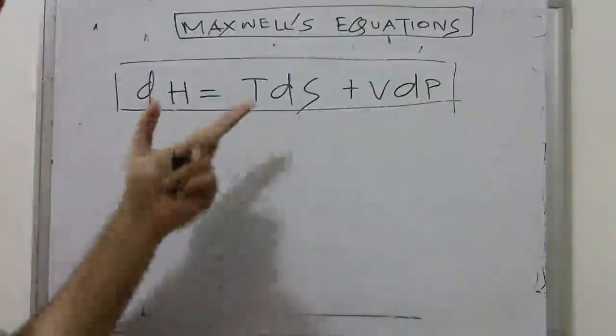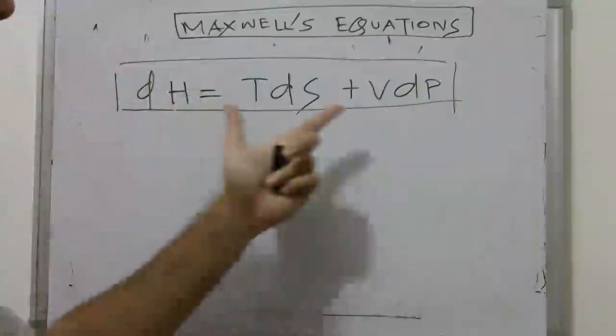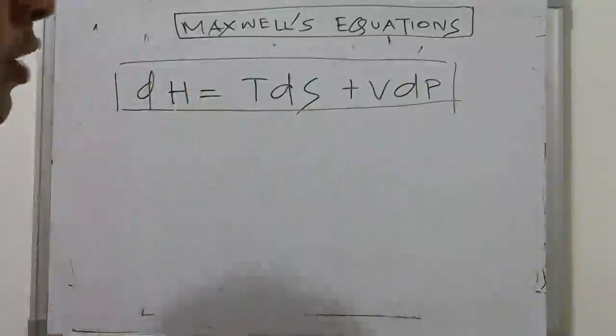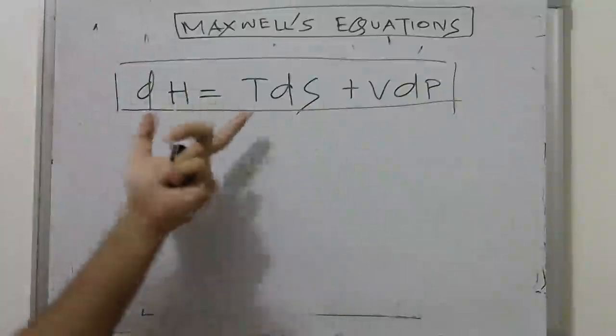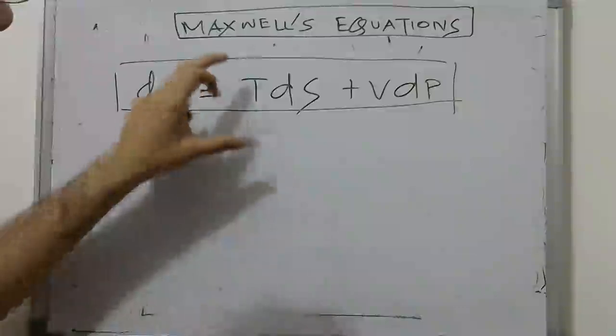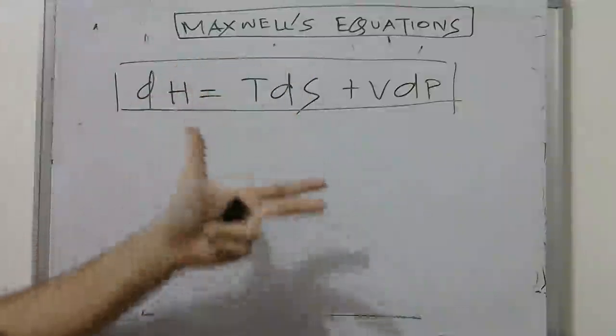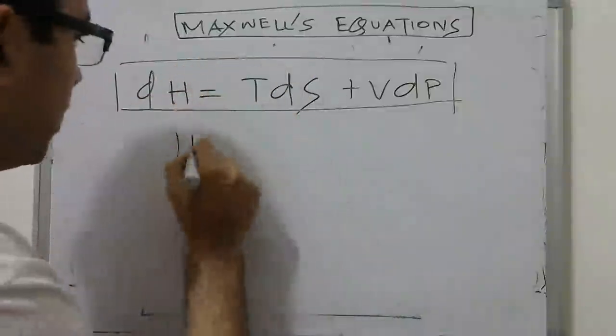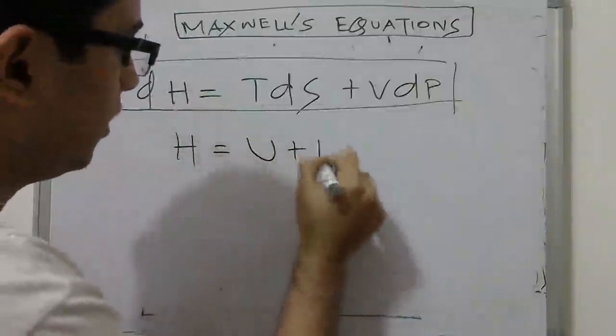I hope you remember how this equation has been derived. H equal to U plus PV. If you're wondering how this relationship is established, just remember H equal to U plus PV.